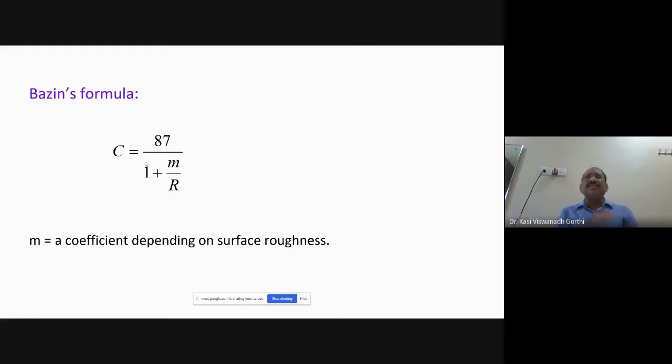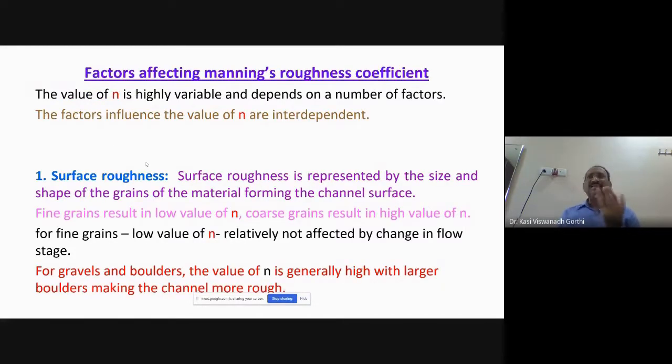So looking at all these equations, like Chezy's formula, Darcy-Weisbach friction factor formula, Manning's formula, then the Ganguillet-Kutter formula for finding the value of C, then Bazin's formula for finding the value of C, all these are directly or indirectly working out to find the velocity V. So you have two major equations. One is Chezy's formula, V is equal to C into square root of Rs. Another major equation is V is equal to 1 by n R power 2/3 S power half.